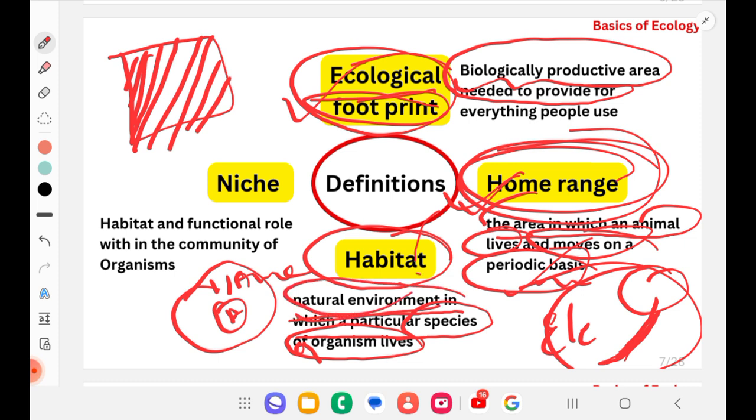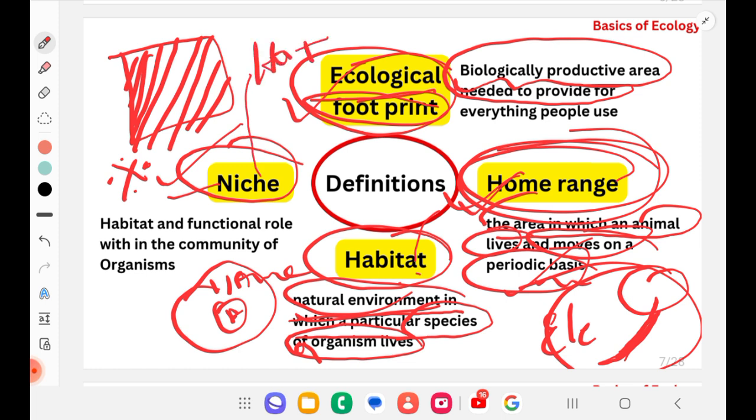Then comes a term called niche. What is niche? Very important term. Multiple times they have asked in the exam. What is niche? Habitat and functional role within the community of organisms. So it includes both habitat and its functional role. What kind of functional role it performs?